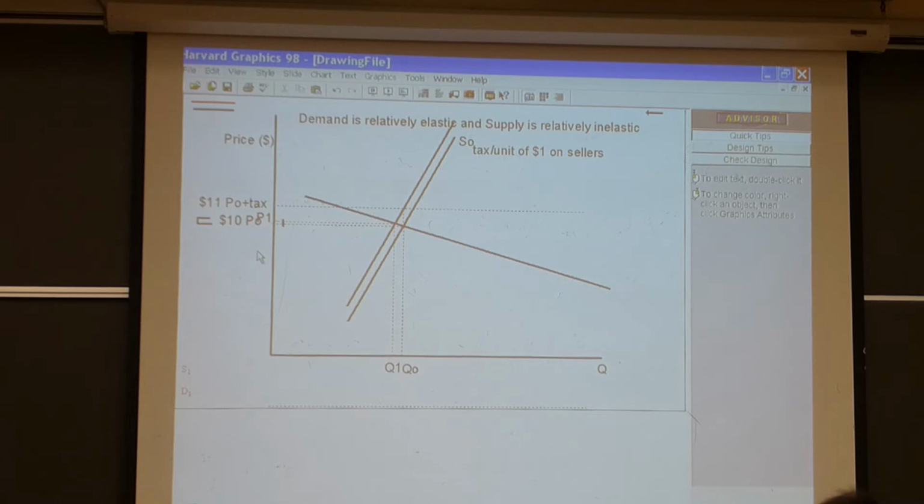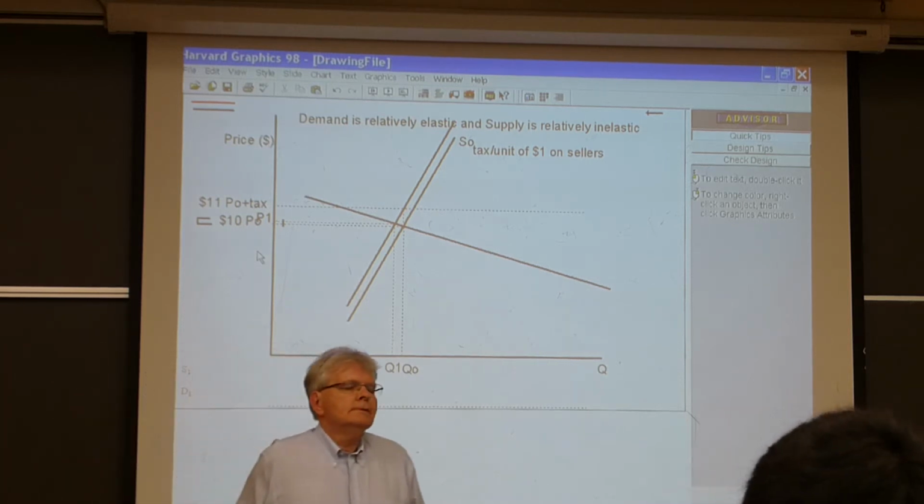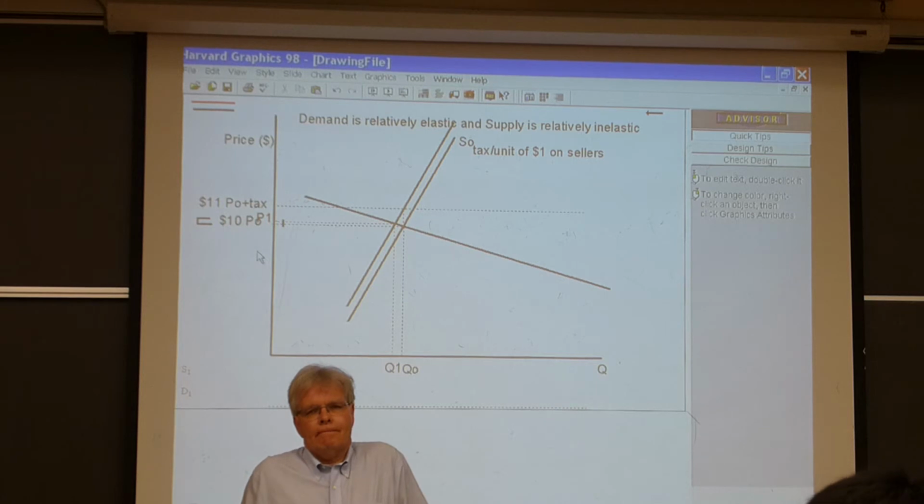Okay, now, what is the seller's price? Identify the seller's price on this diagram. What is the price the sellers get after paying the tax?